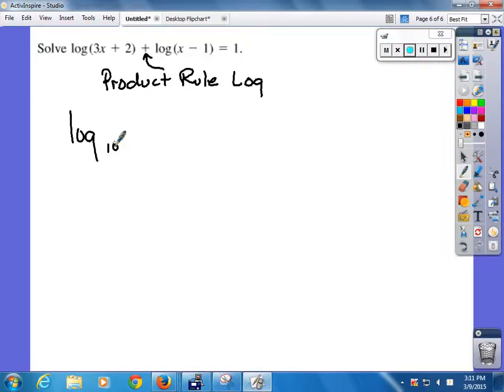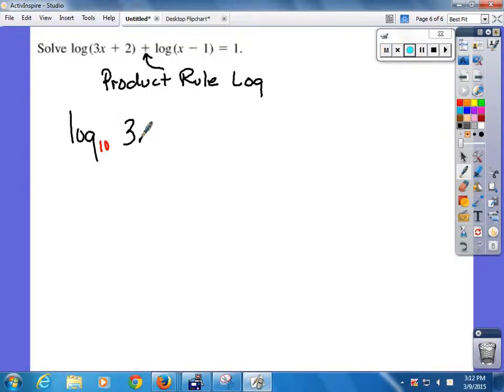Now, why is it base 10? It's understood. Because nothing is there. So it's like a square root, an index on a radical. If there's nothing in front of the radical, it's assumed to be a 2. If there's nothing on a log, then it's assumed to be a 10. I told y'all that.